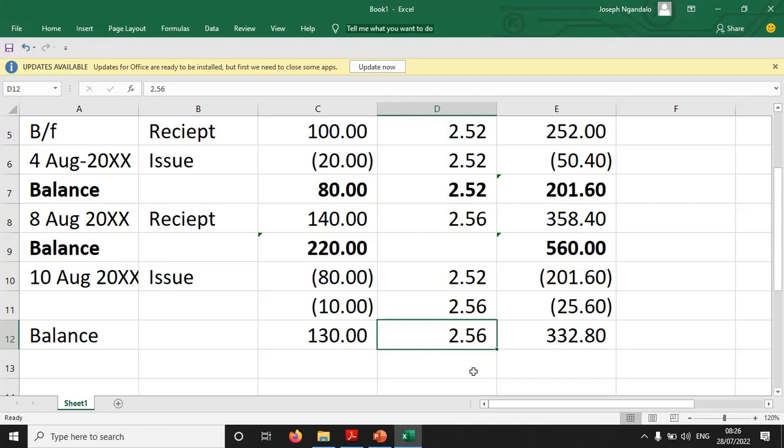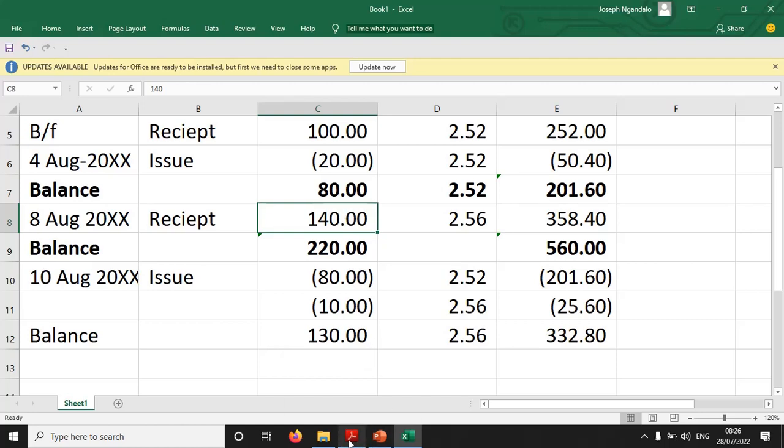So you're checking yourself also using the unit cost. You know where this 130 is coming from? It is coming from the subtraction of 140 minus 10. Very important. Okay?